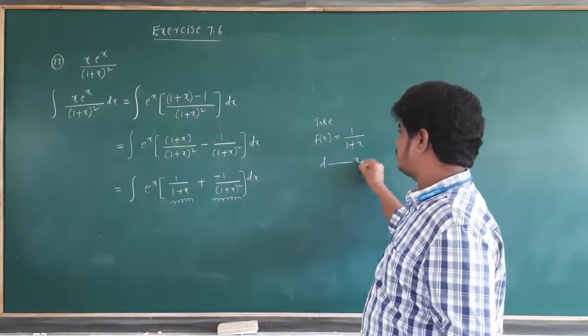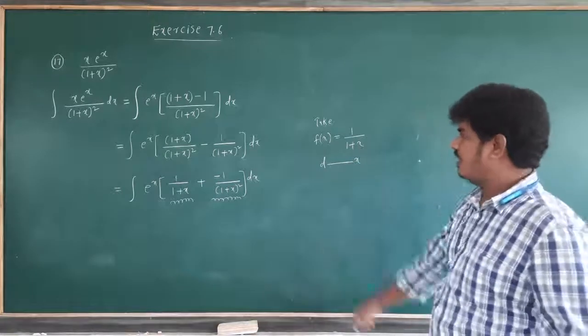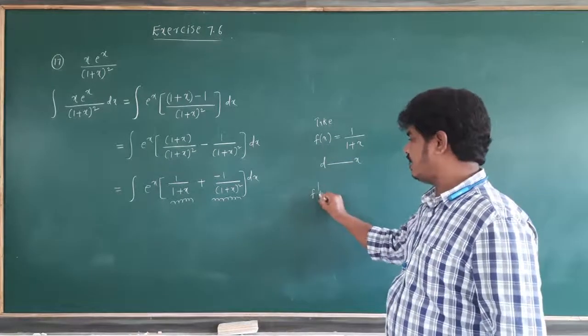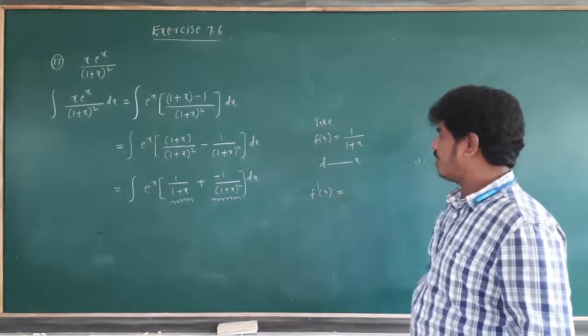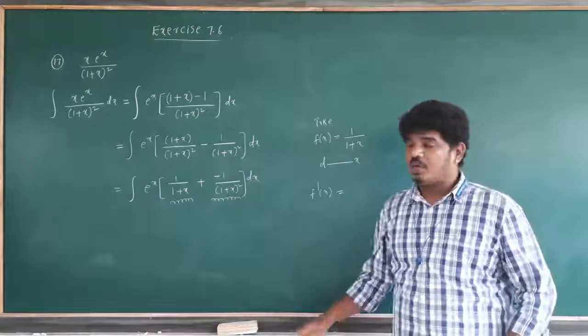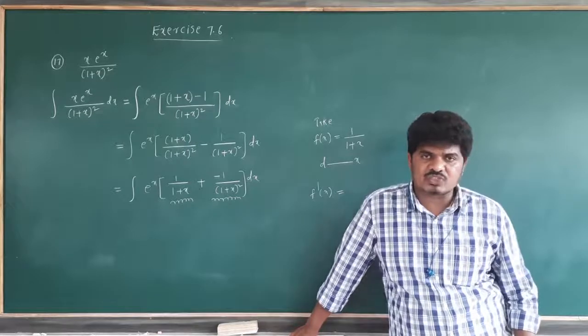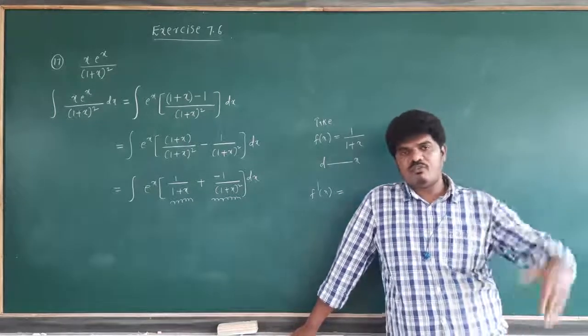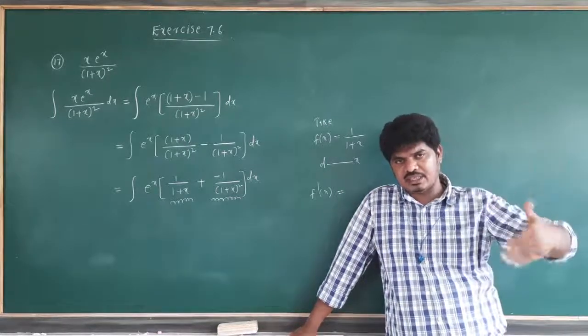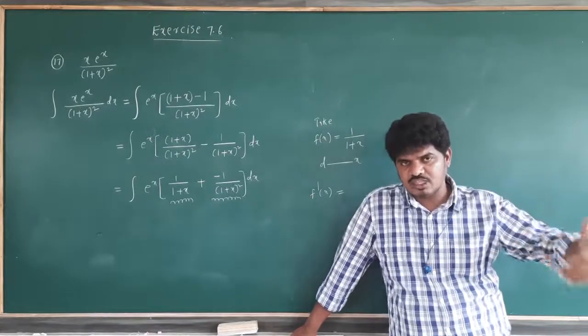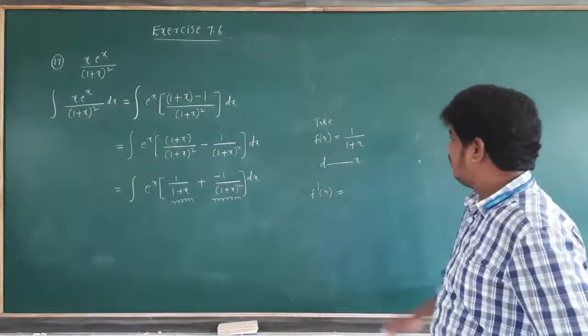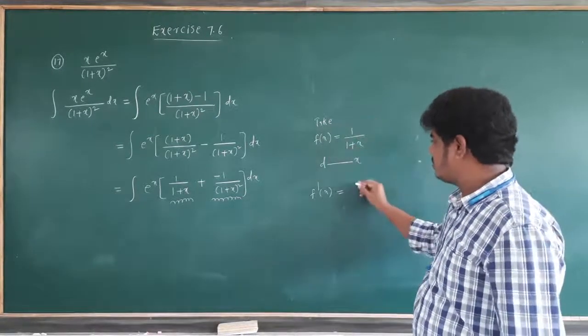Differentiate both sides with respect to x. The derivative of f of x is f dash of x. Here see, we have one formula. The derivative of 1 by x is minus 1 by x square. Derivative of 1 divided by 1 plus x is what?